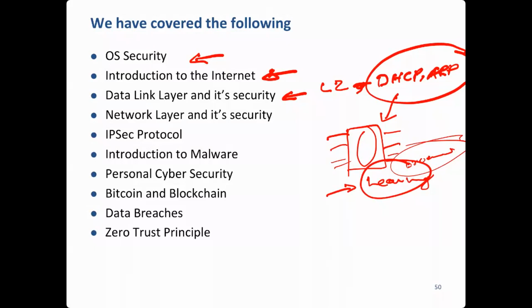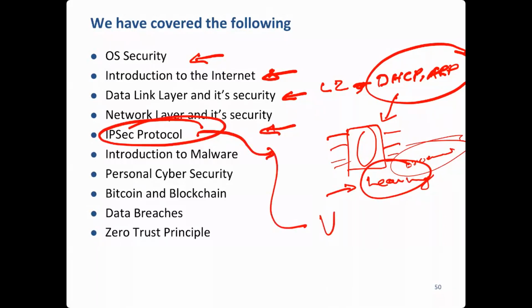Then we moved to IP security, internet layer security. Then we studied the IPsec protocol. It's a very complex and interesting protocol, and using this we can create VPNs, virtual private networks. As an exercise, please find out whether the VPNs you are using are only for namesake or true VPNs.